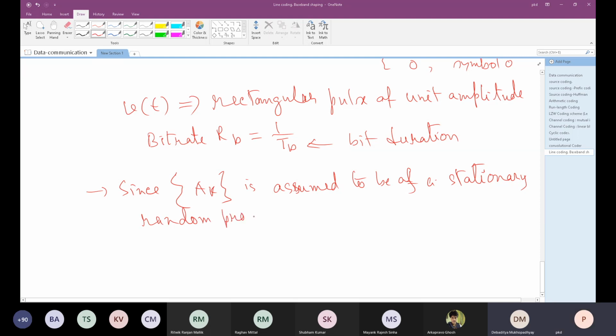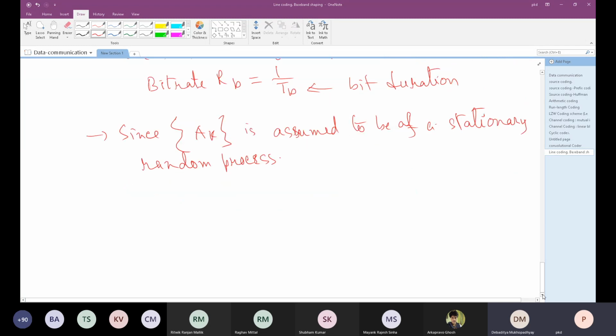Stationary random process means its statistics are the same with respect to time. Generally, the simplest statistics for any random process could be the sample mean and the sample variance.